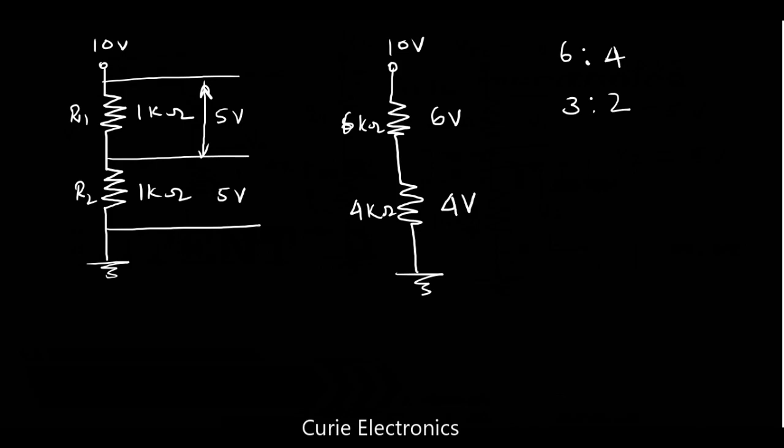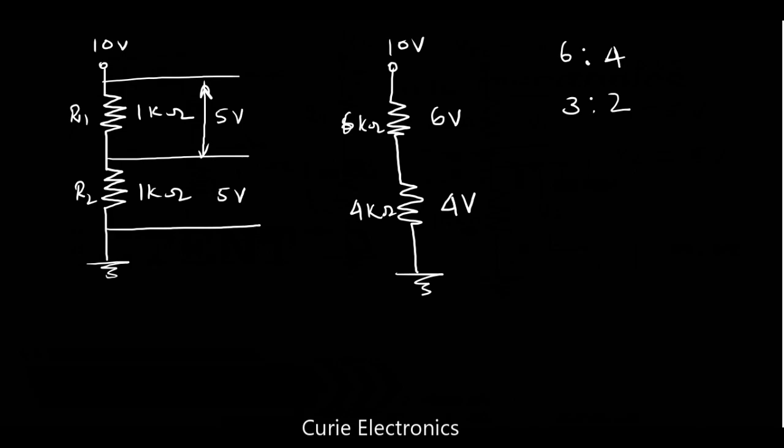The 10 volt is getting divided in the ratio of 6:4. So next, we will learn a direct equation to solve this, because when the voltage values or resistance changes, it becomes a little difficult to apply this proportional logic.